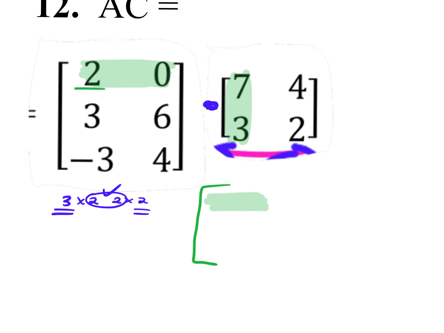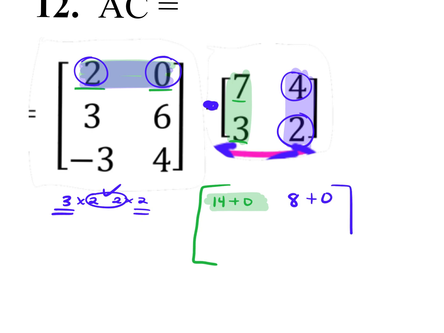So this is going to be 2 times 7, so 14, plus 0 times 3, goes right like that. Okay, and then we move to first row, second column. So it's going to be 2 times 4, that's 8, plus 0 times 2, which is 0.